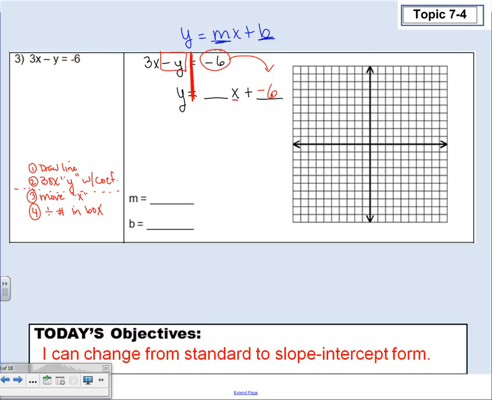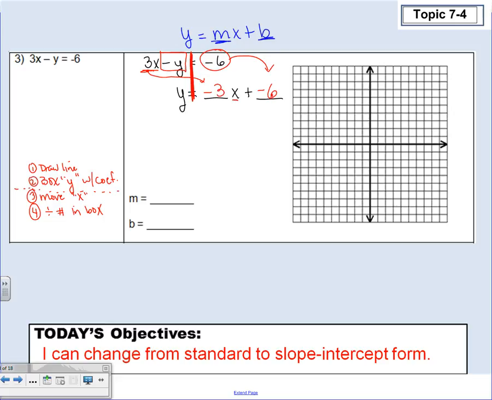So the x, the way I'm going to determine the x is I have a 3x that's on the left-hand side. I want to move it to the right-hand side. If I move across the line, I must change the sign. Previously, we subtracted. So basically, I'm saying this 3 is now going to become a negative 3 when I move it.